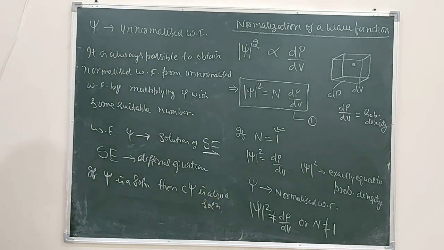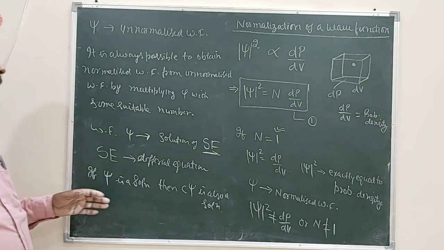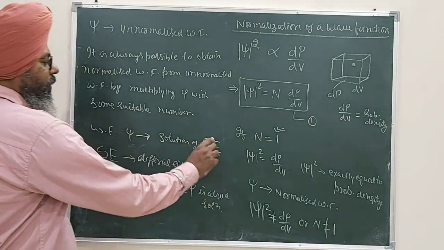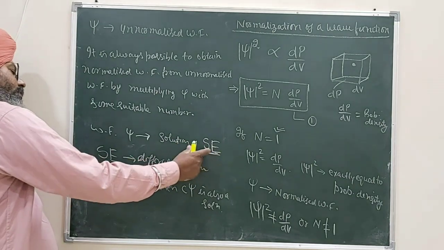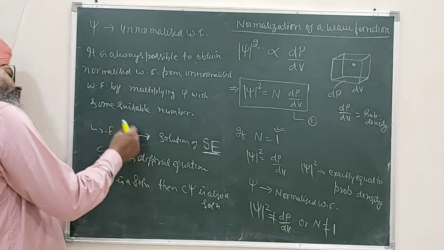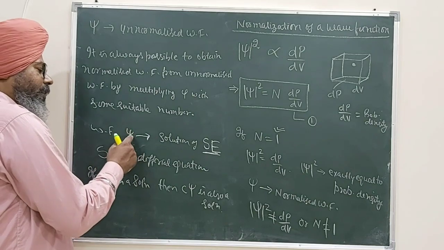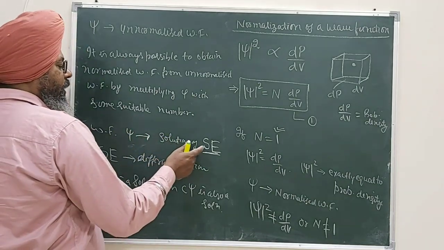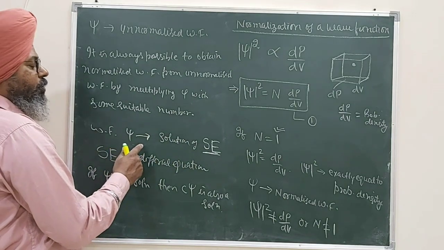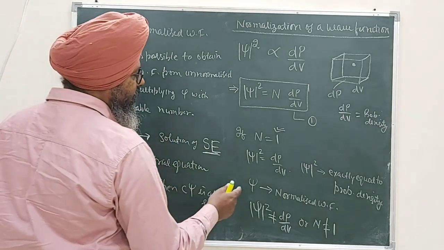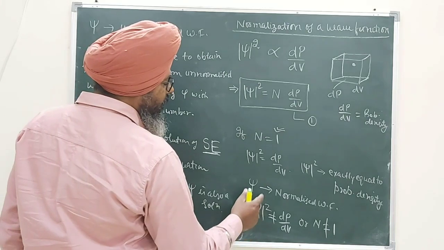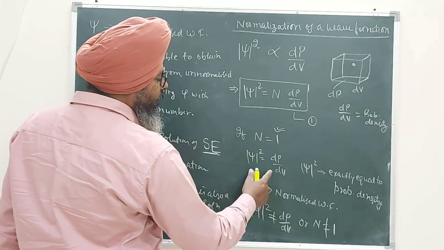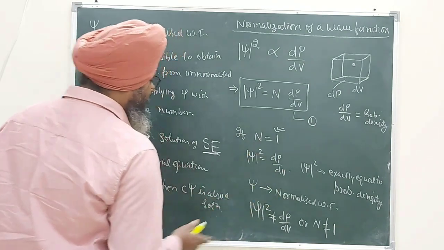So therefore, if I solve a Schrödinger equation and obtain a certain wave function psi, then I check it for normalization. I just want to find this integration, whether psi magnitude square is equal to dp by dv or not equal to dp by dv.